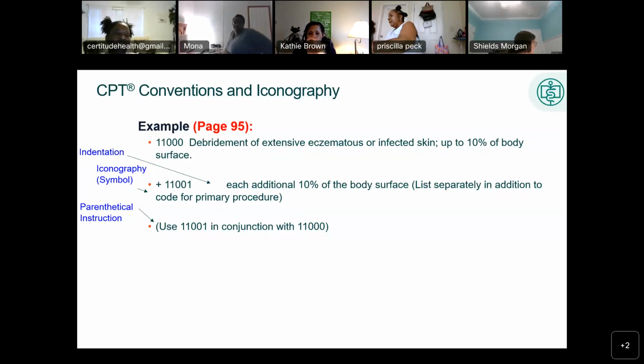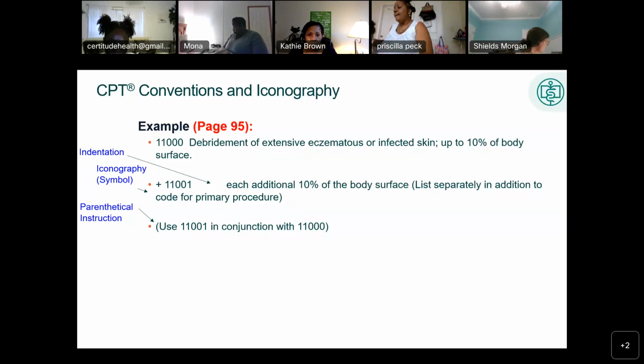A key to understanding your CPT code is going to be fully reading and analyzing the description of that code. So again, we're in the integumentary, which is the skin. And the particular codes that we're going to look at are 11000 and 11001.